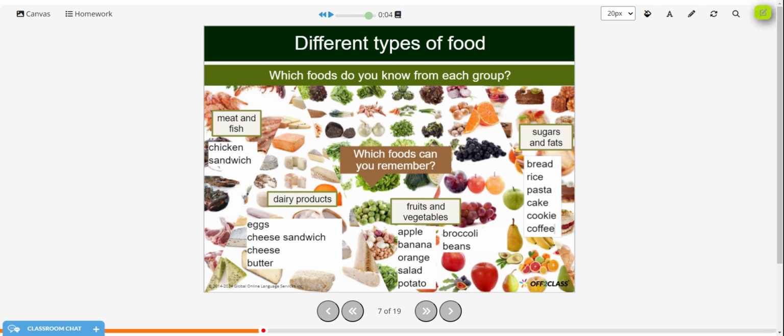If you put cream and sugar in your tea, it might go under sugar and fat. Milk and juice. Milk is dairy. And juice would go under fruit or vegetable. Okay.